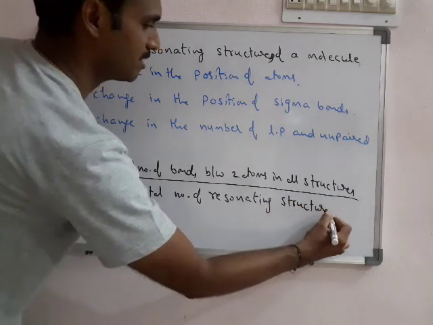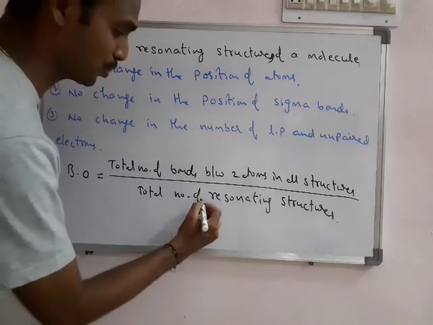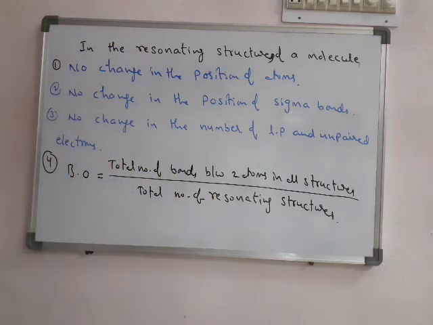So the number of resonating structures for benzene is equal to 2.